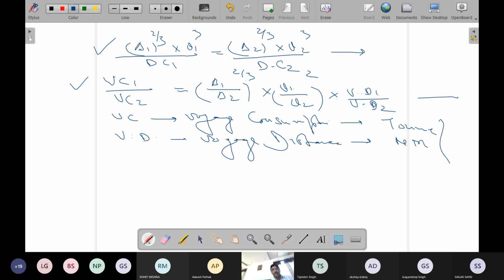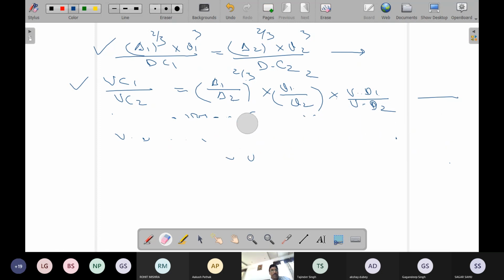Now, voyage consumption formula and fuel coefficient formula are actually the same, except that it gives us direct application. So I will show you how they are the same, and that is why a particular numerical can be done in two ways.